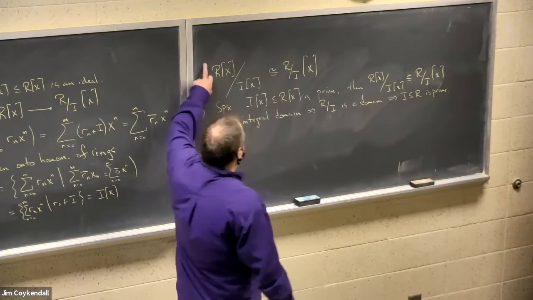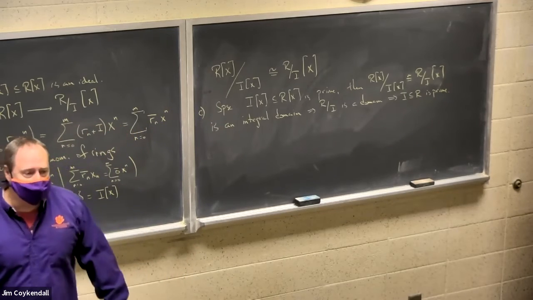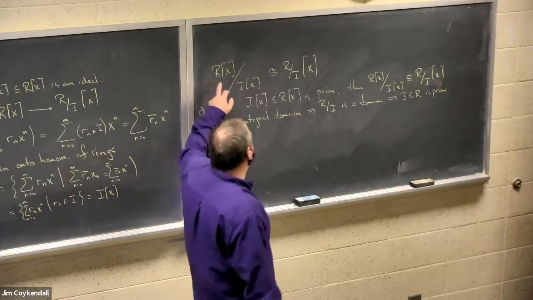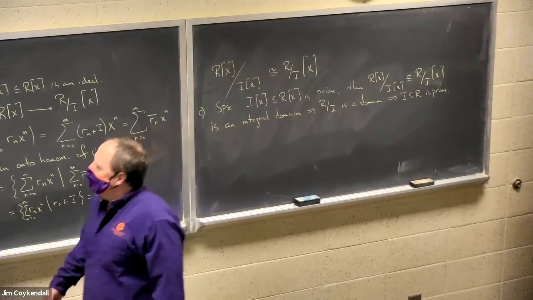And this, of course, heavily depends on this right here. And the reverse of this proof is almost the same. If I is prime, then Ix is prime. And so if you use the isomorphism again, you get Ix prime.